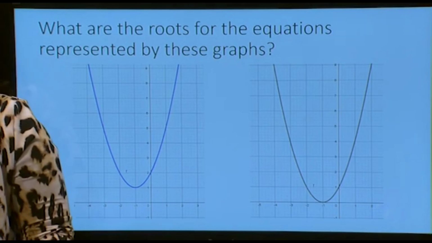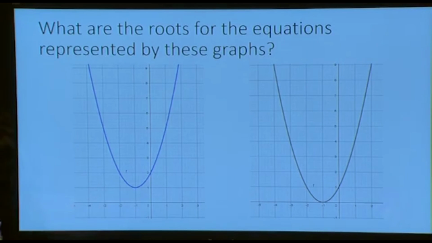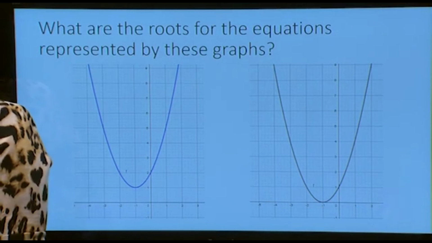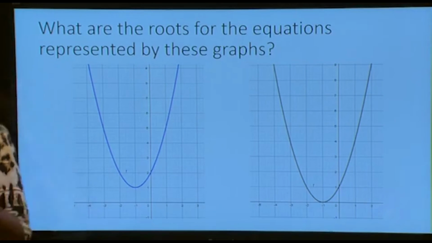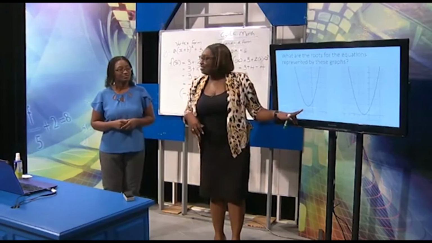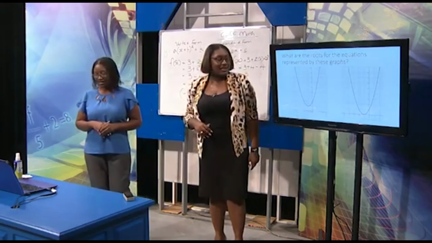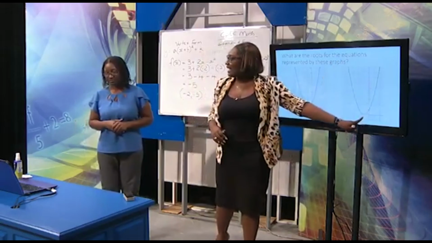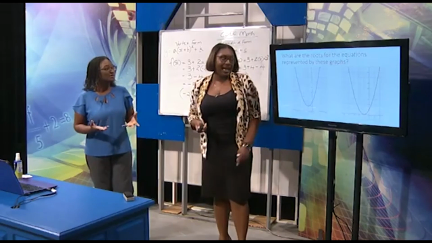As was shown before, we can have a graph that has two solutions, where it intercepts the x-axis twice. We can also have a graph that does not intercept our x-axis. And we can have a curve that touches the x-axis only one time.